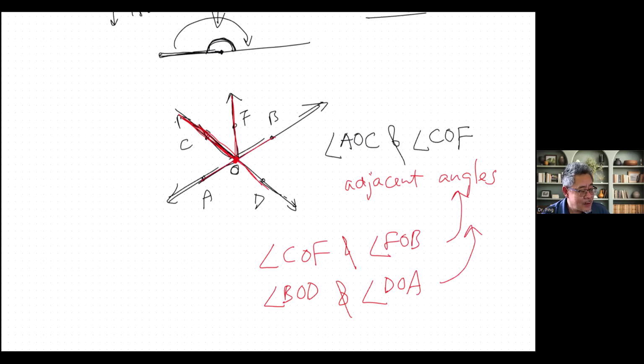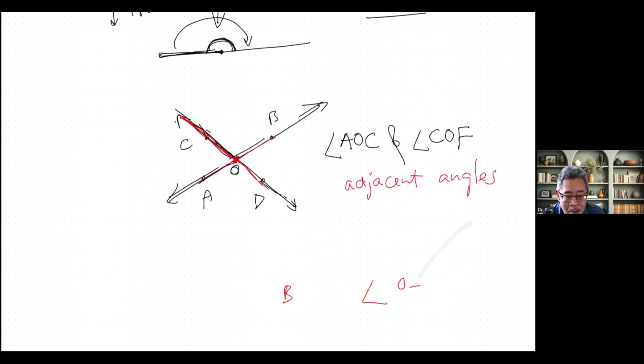Okay, now we're talking about the relationship between angles. And then we're looking at, if we have just two lines here, I'm going to get rid of one line here. We just look at AB and CD. So in this case, we have something called vertical angles. And vertical also just means opposite.